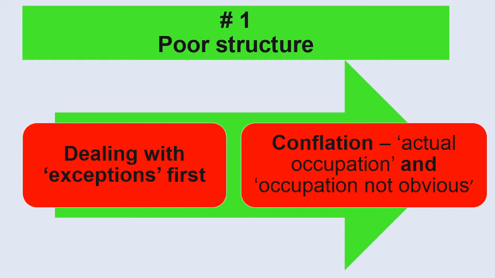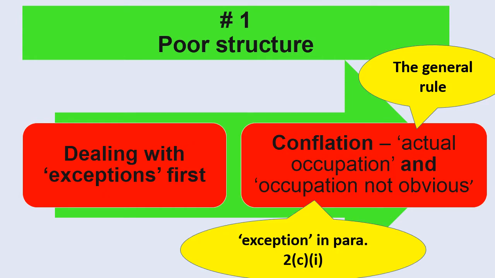So in terms of structure, I'm just going to introduce them to you now. And the first one is dealing with either of the exceptions before you've looked at the general rule. And the second one, which is linked to the first, is conflating the requirement of actual occupation under the general rule with occupation not being obvious under the exception in paragraph 2c.